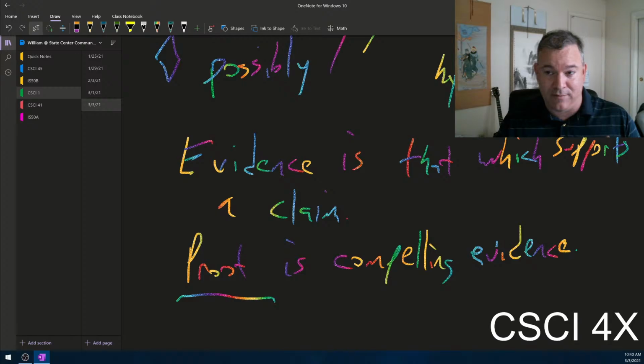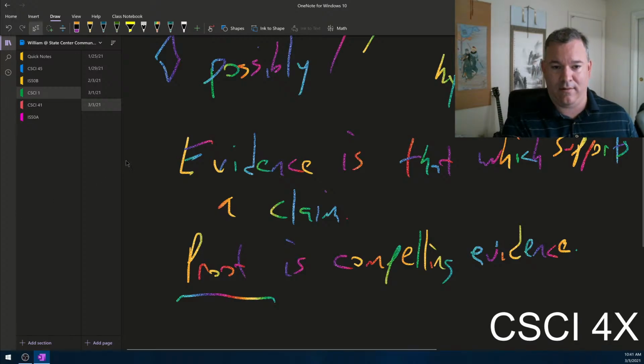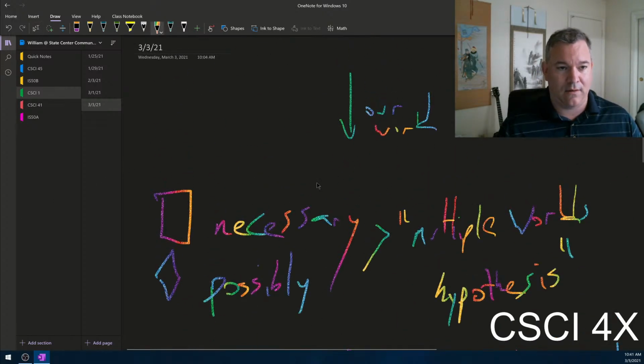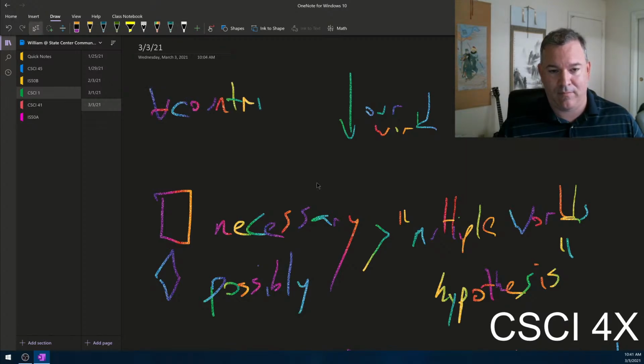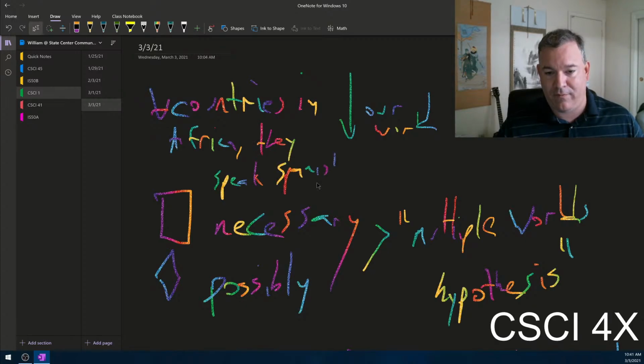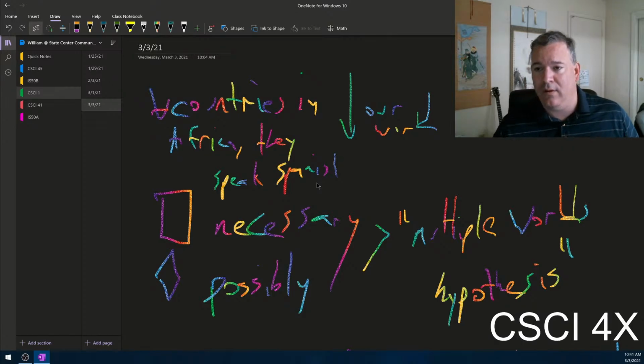It's actually very easy to prove to be false, right? All you have to do is find me one, like Egypt, that doesn't speak Spanish as an official language. It's actually a very easy proof to make. Egypt. Here you go.